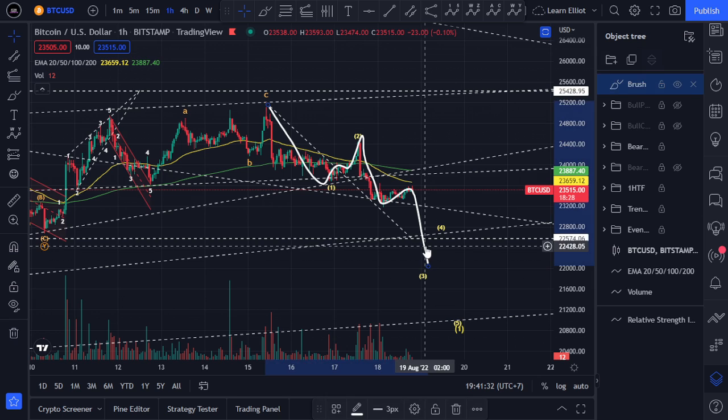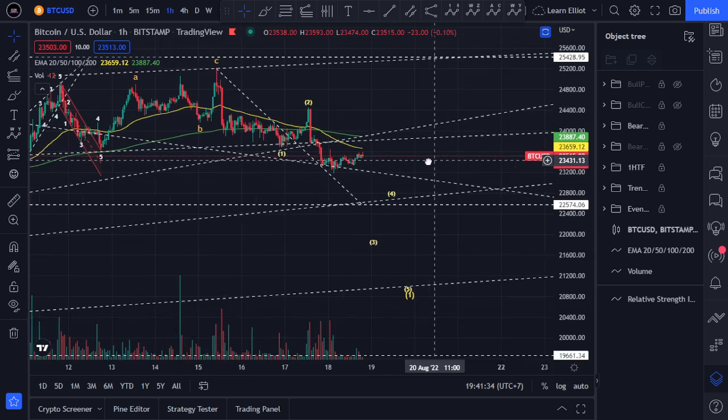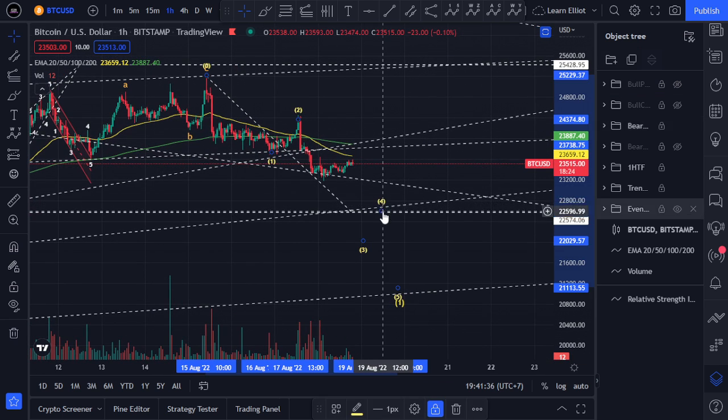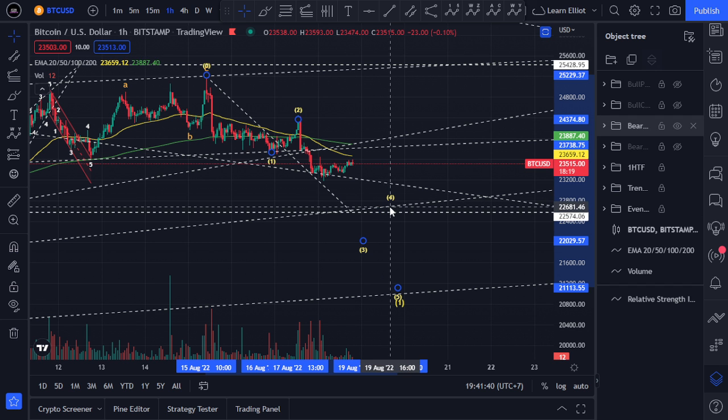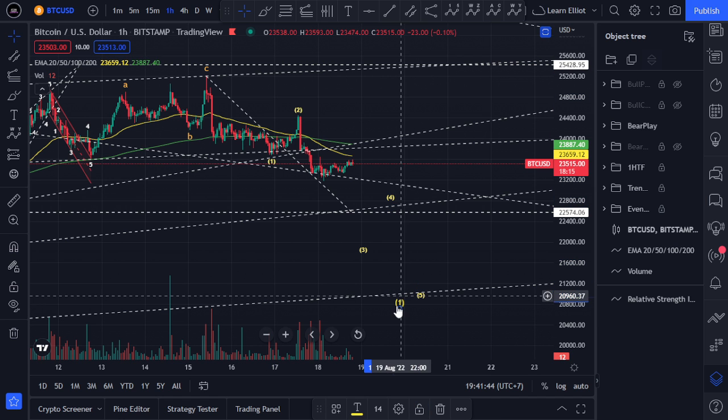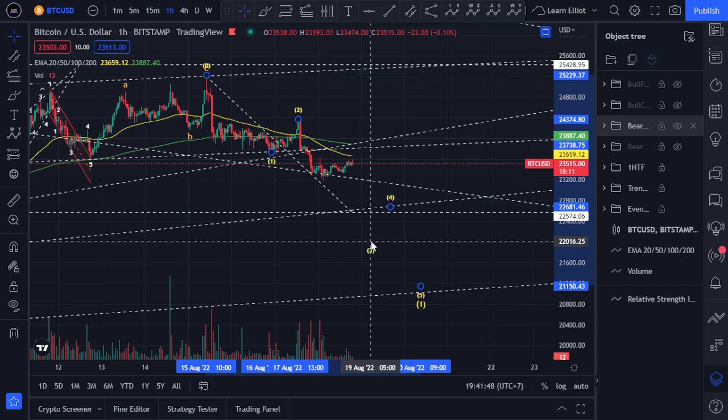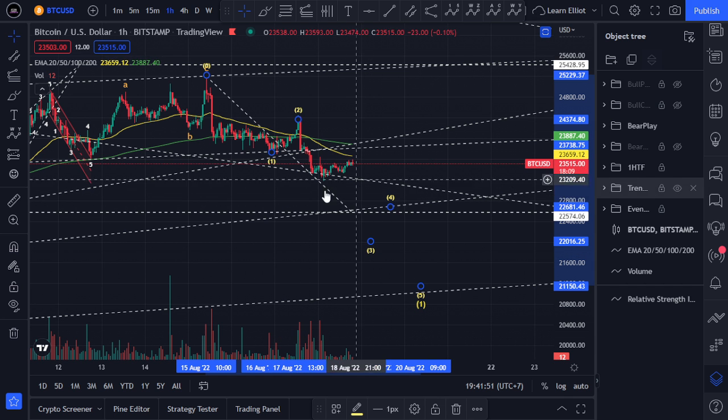But actually, the bear case scenario right now is still less likely to play out than the bull case scenario, because we are now standing right above the 50-day EMA, and we are also having a rejection above the 50-day EMA.